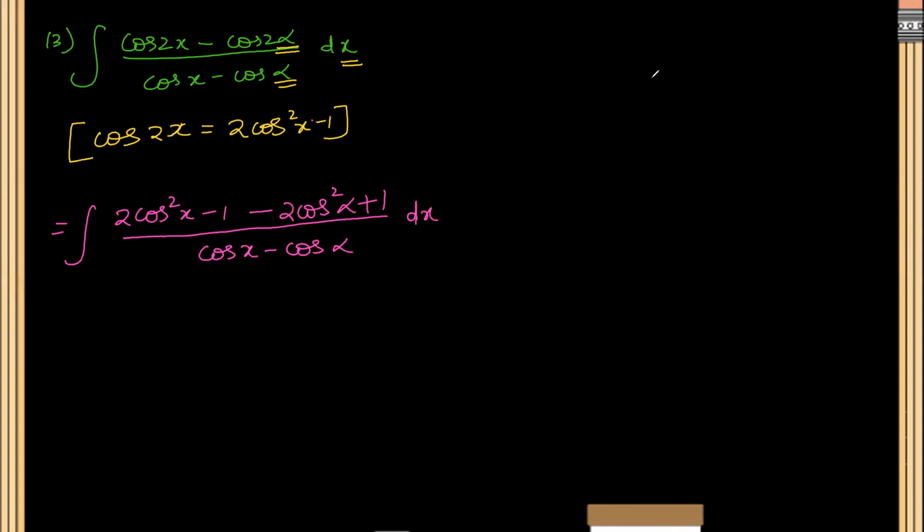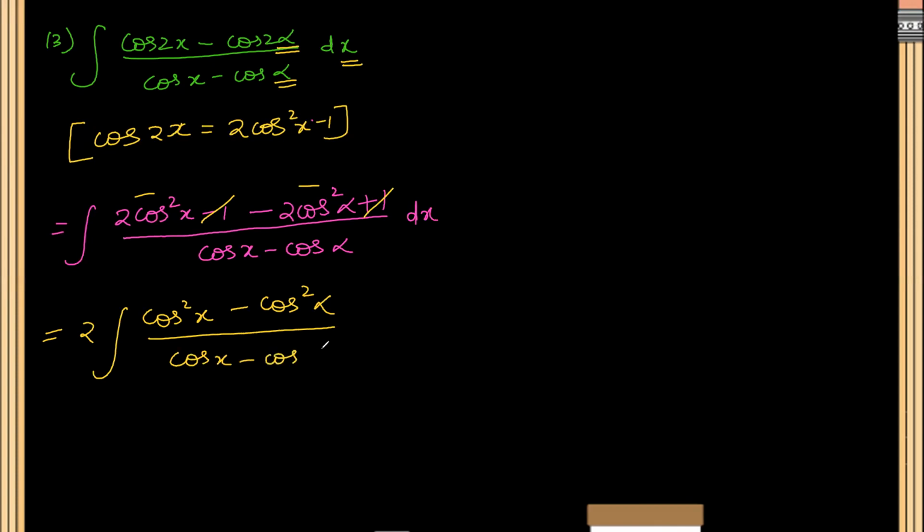dx. If you see, this minus 1 plus 1 gets cancelled, and in these two terms, 2 is common. We can take it outside of the integration as common. So cos square x minus cos square alpha the whole by cos x minus cos alpha dx. Again, in the numerator, like the previous question, we can make use of the algebraic identity.